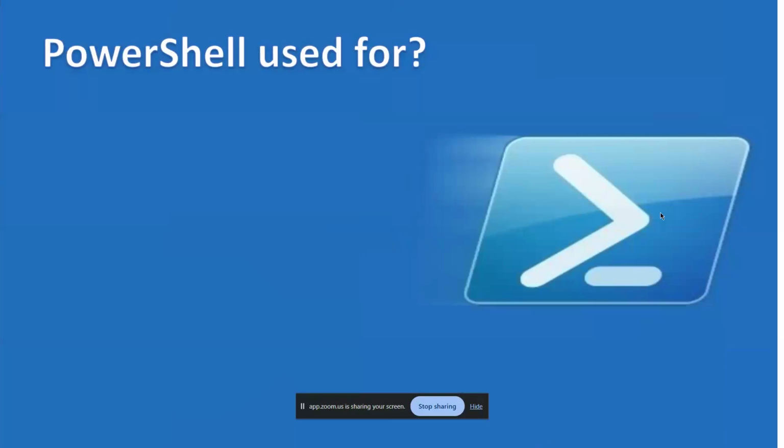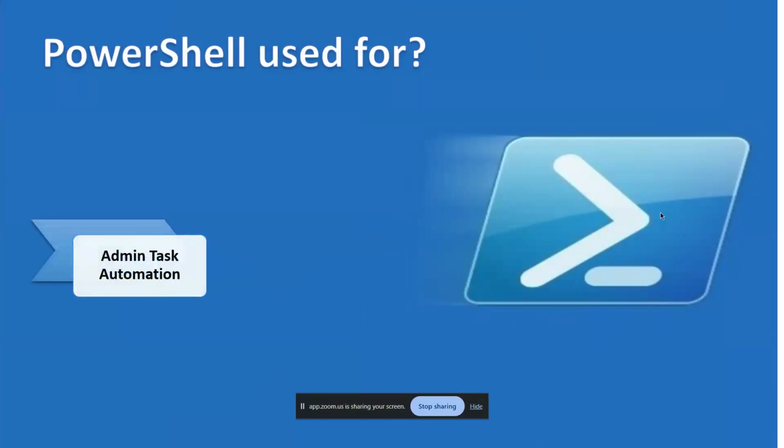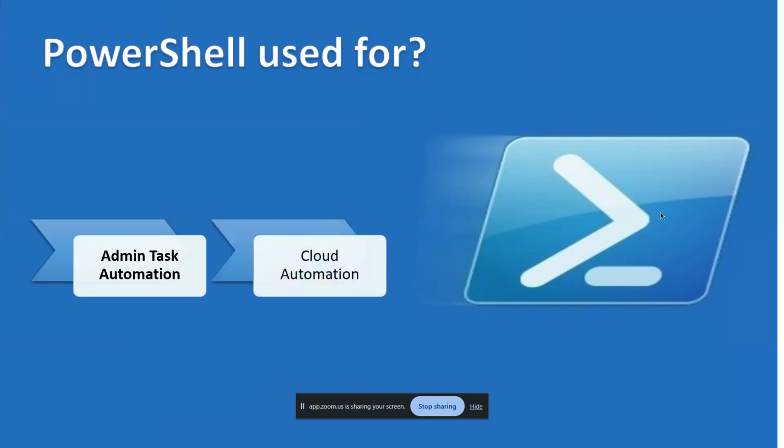Now, why do we use PowerShell? Here we have some use cases. Admin task automation: whenever you need to start any service on a particular server, or you have to reboot on a particular schedule, you can perform such operations. We have already discussed cloud related automation we can perform.